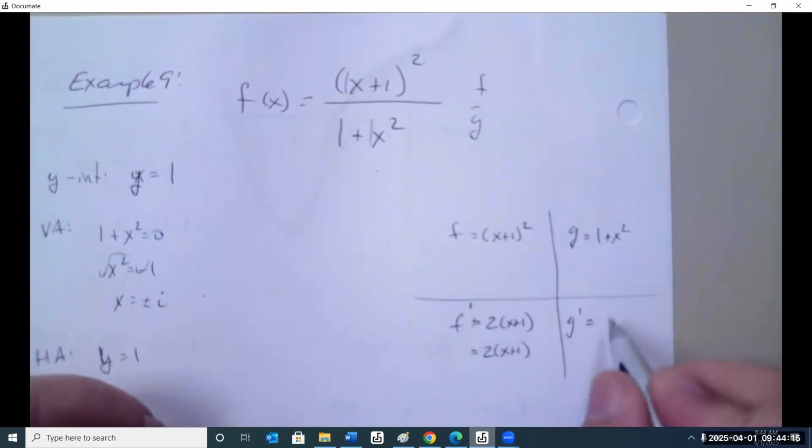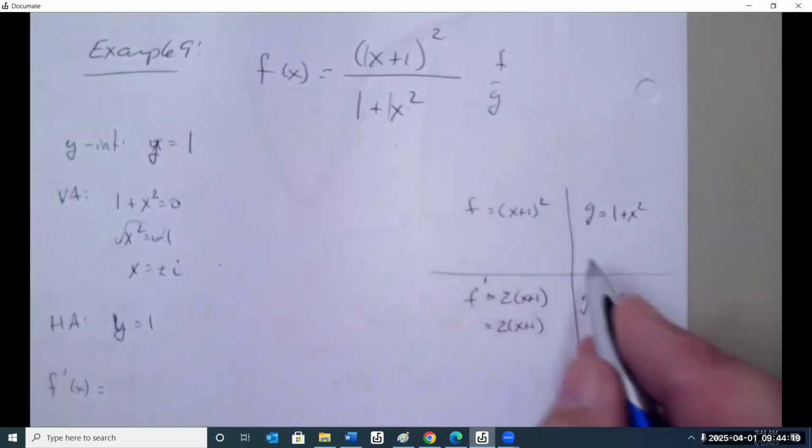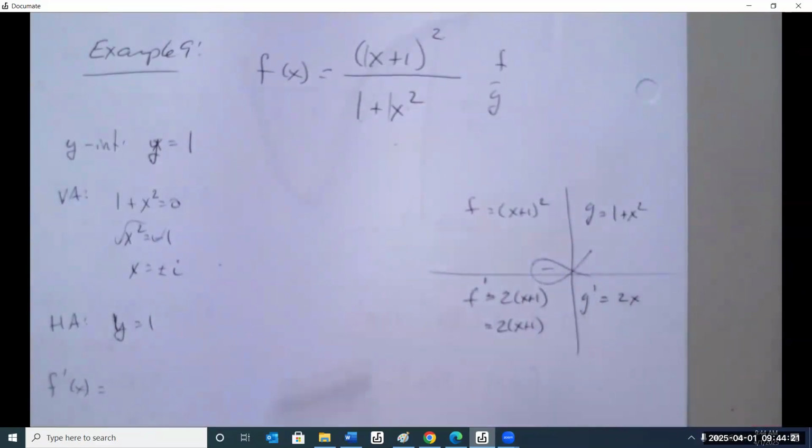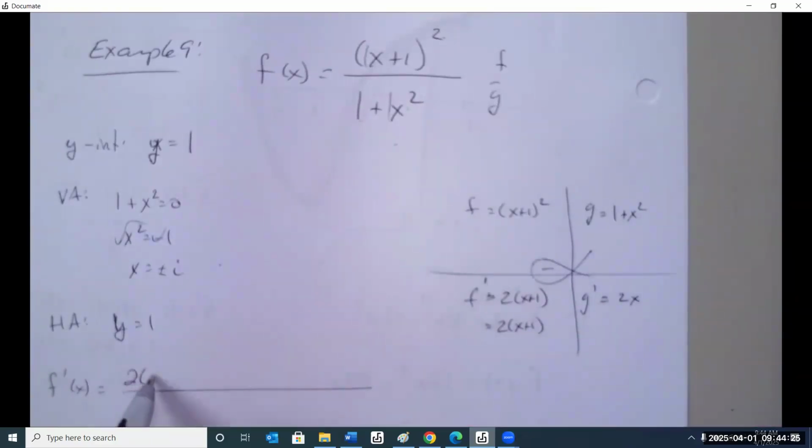And the other derivative is 2x. So we have 2 times x plus 1 times 1 plus x squared, minus 2x times x plus 1 squared, all over the denominator squared.